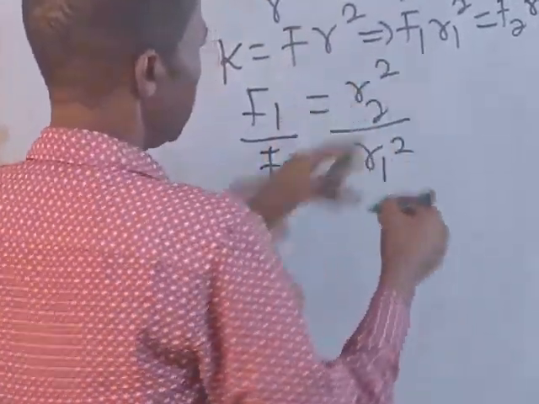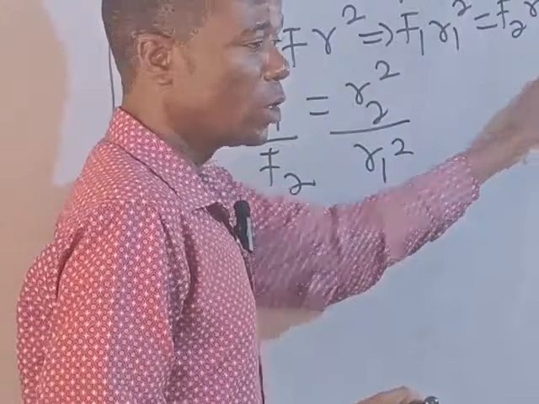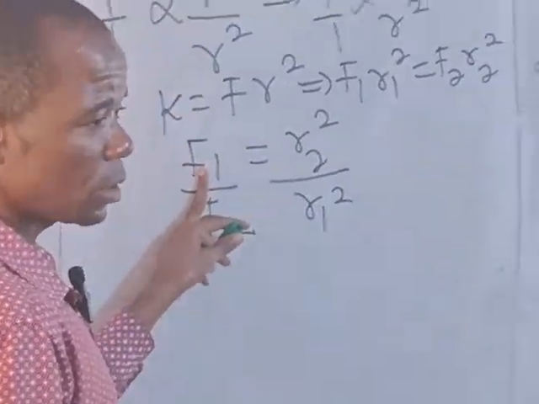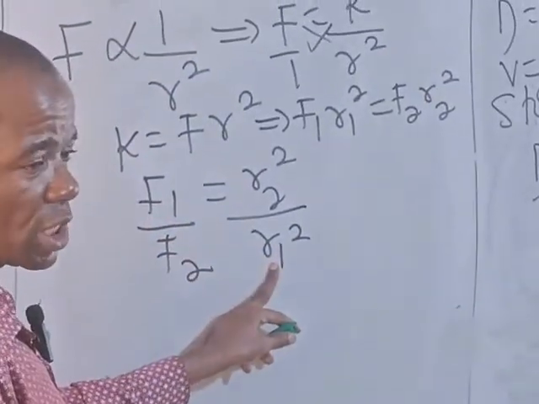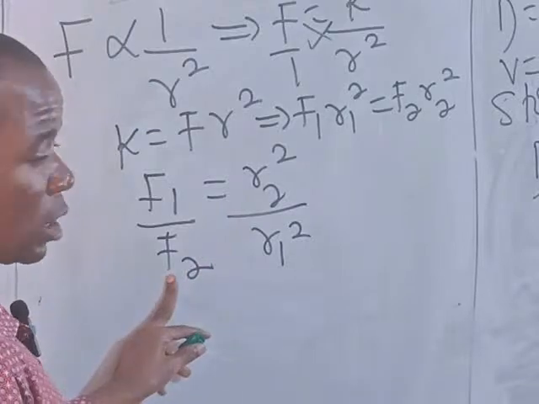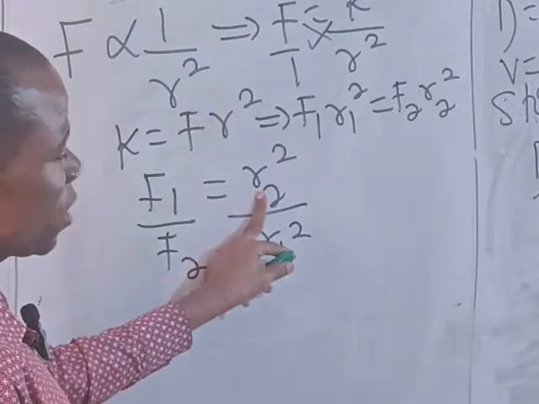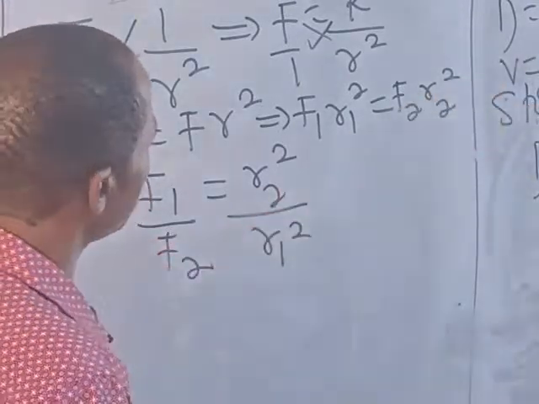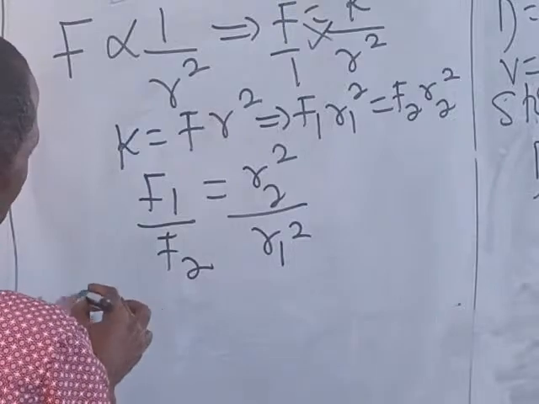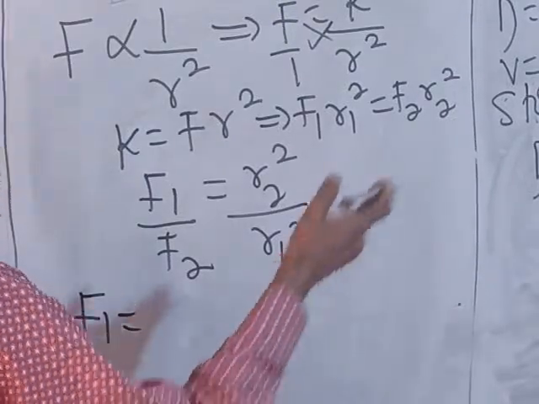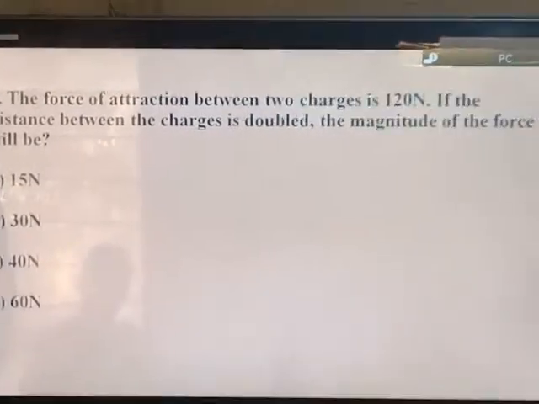If you multiply, you're actually going to get this one back. F1 is the initial force when the distance between the charges is R1. F2 is the final force when the distance between them is R2. If we take a look at this question, we have been given F1, the initial force between the two charges, which is 120 Newton.